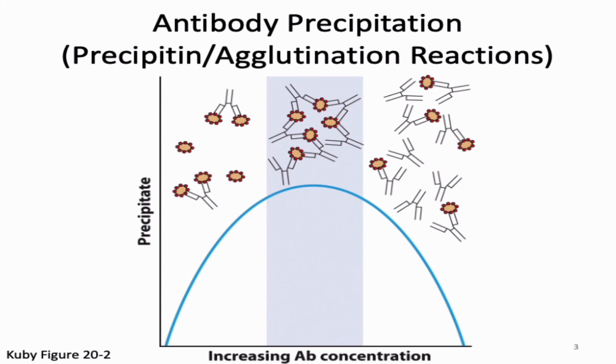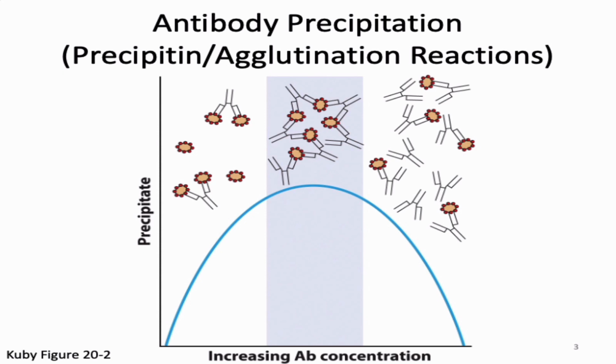So the idea of a precipitation and agglutination reaction is that if you have antibodies and antigens mixed together at a concentration that is just right, they make a big clump. You can see that you've got this antigen bound to two antibodies. This antibody is actually binding to two antigens, and this one's also got two antibodies on it. So you get this sort of big higher order structure, and that can make a clump.